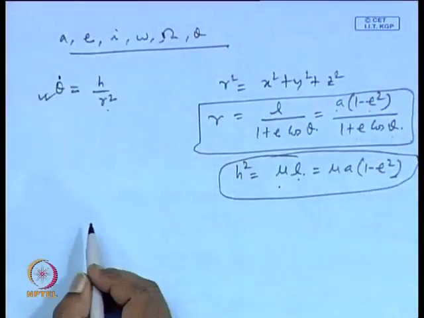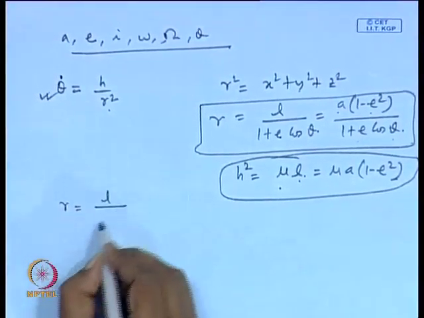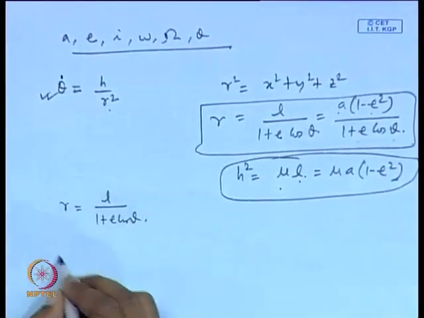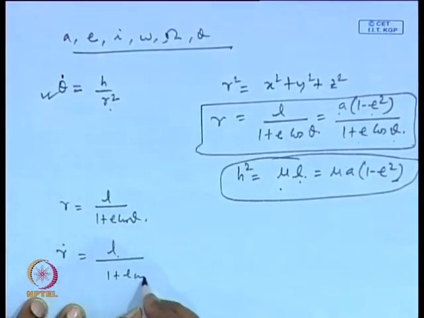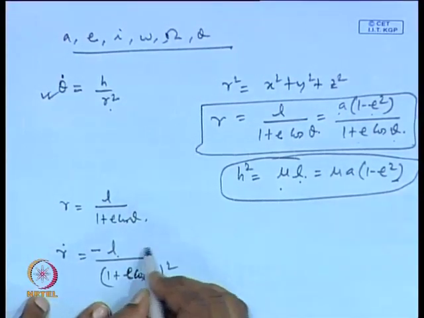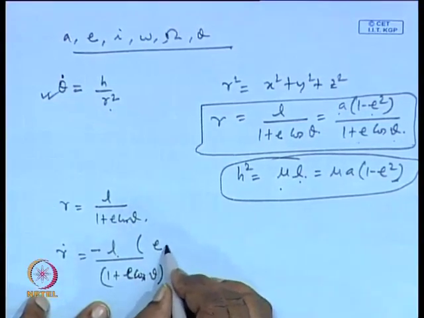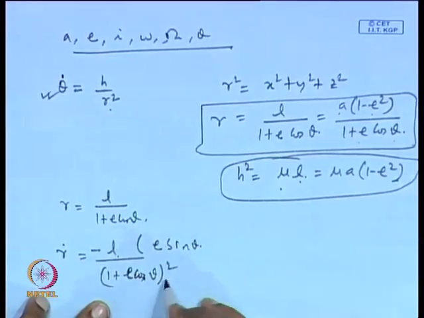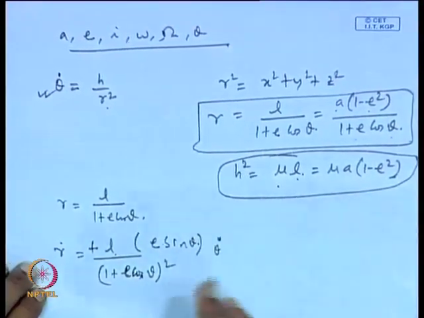And r dot can also be determined, because r is equal to L by 1 plus e cos theta. So, we can take the derivative of this. Earlier we have done this exercise: the derivative gives e sin theta times theta dot over (1 plus e cos theta) square, and this becomes plus.